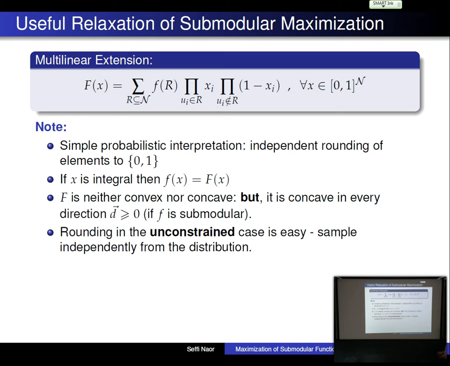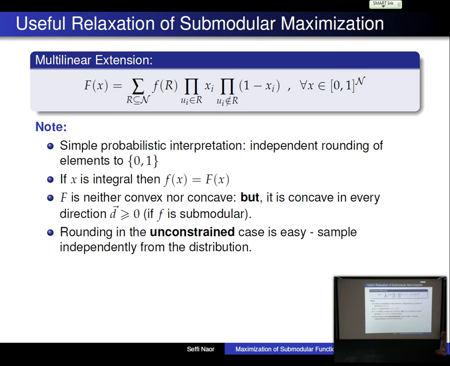Now, the multilinear extension is neither convex nor concave, but it does have some nice properties. For example, it is concave in every non-negative direction d in the case of a submodular function. Also, rounding F is very natural, at least in the unconstrained case, and it preserves expectation.